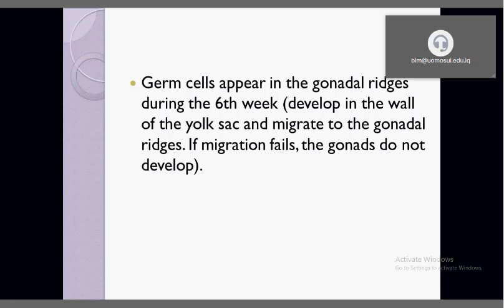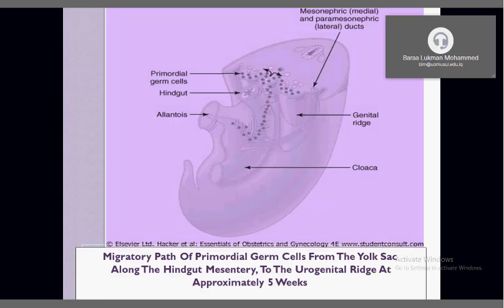So again, for the proper development of the gonad, it should receive the germ cells which migrate to it from the wall of the yolk sac along the posterior hindgut mesentery. This is the pathway for migration of the germ cells. They come from the yolk sac and migrate along the mesentery of the hindgut to reach the gonadal ridge.